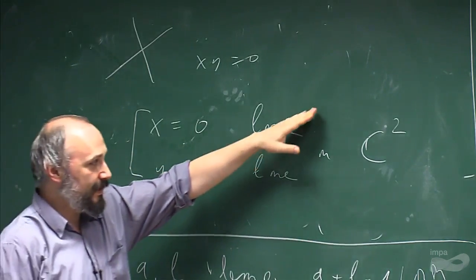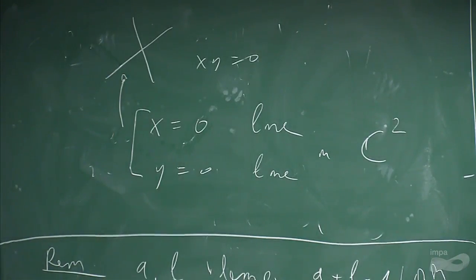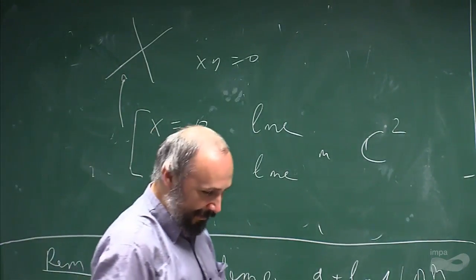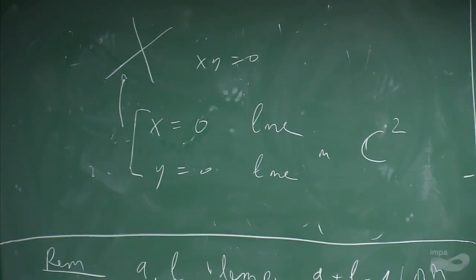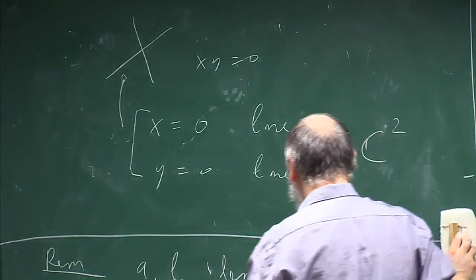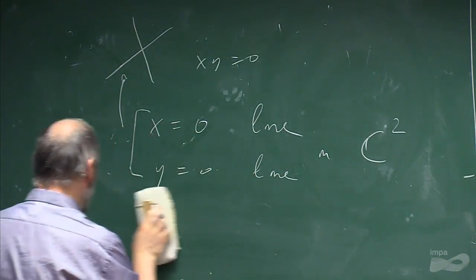You have two copies and you map this into that. I'm not going to tell you now why; it's an exercise for you, but it really is a finite map. It's not hard to see. Another example is the following. You have a singular curve.